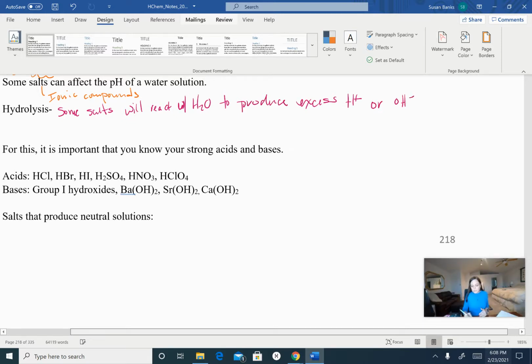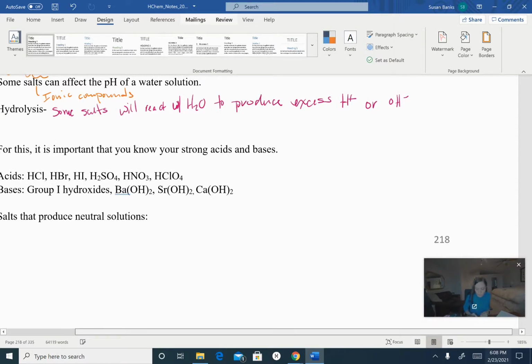So if we dissolve a salt in a solution and it produces excess hydrogen ions, we're going to have an acidic solution. Or if a salt produces excess hydroxide ions when it is dissolved in solution, that solution is going to end up being basic.